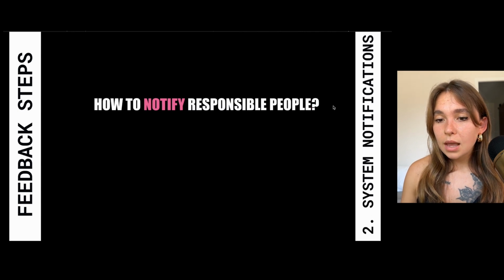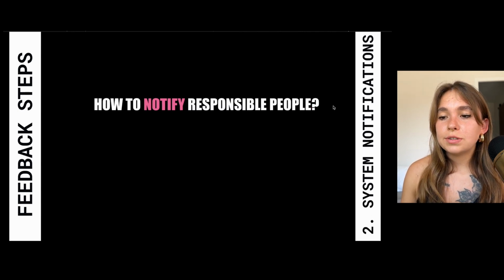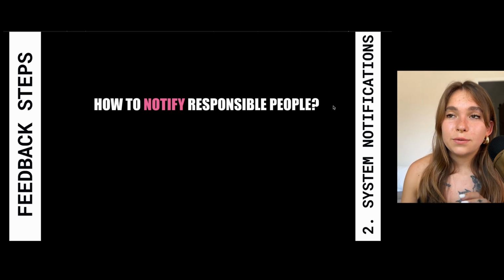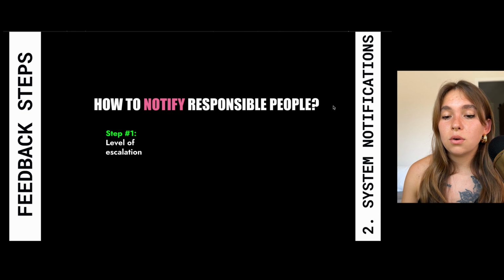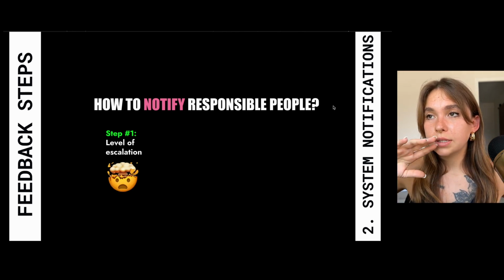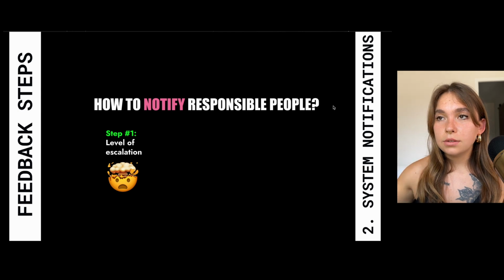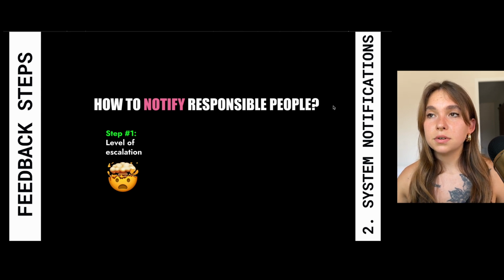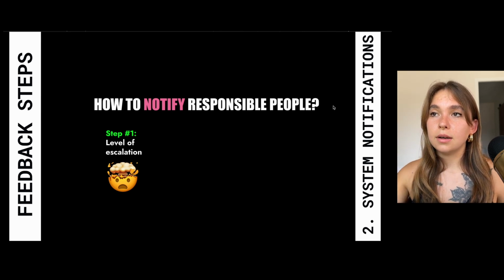Okay. After that, how to notify responsible people. Here also the main idea: first of all, you have to understand the level of escalation. You have different levels of escalation. For example, it can be a not super important metric, or a difference from the ideal state of the metric that is not so big.